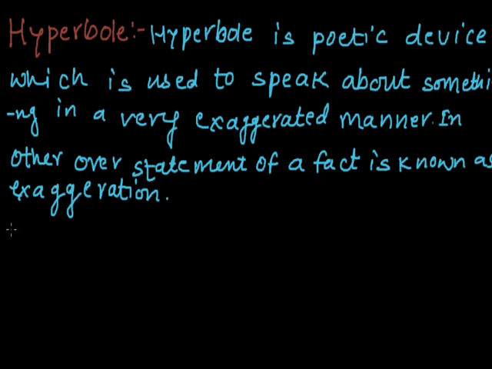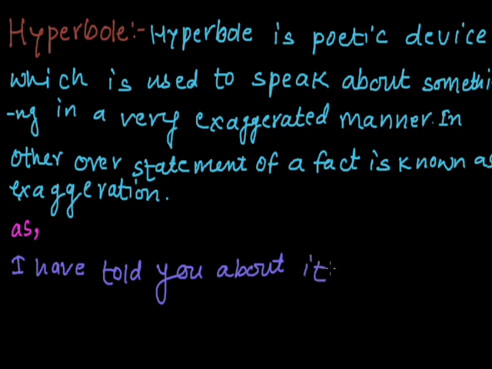Okay, when we say I have told you about it thousands of times, this is the use of hyperbole, because the person has not told the thing thousands of times, but here he is exaggerating the fact that he should follow whatever he said, because he had already told him many times.